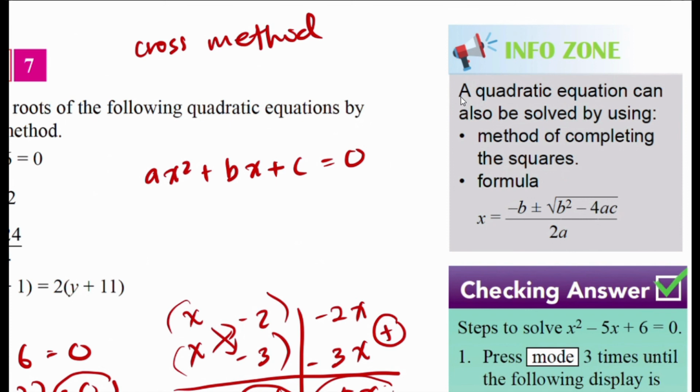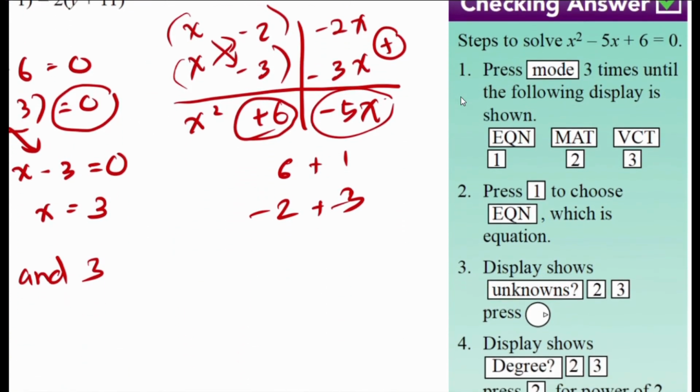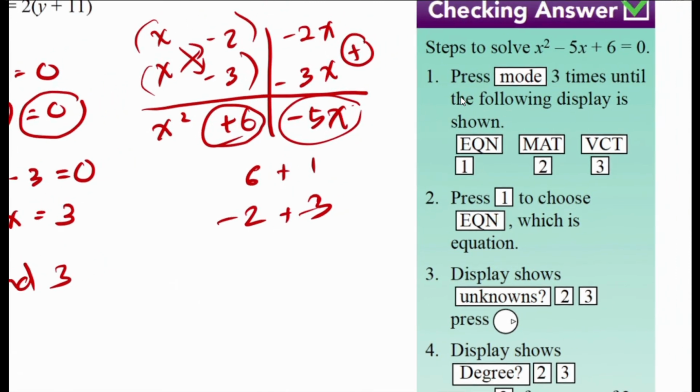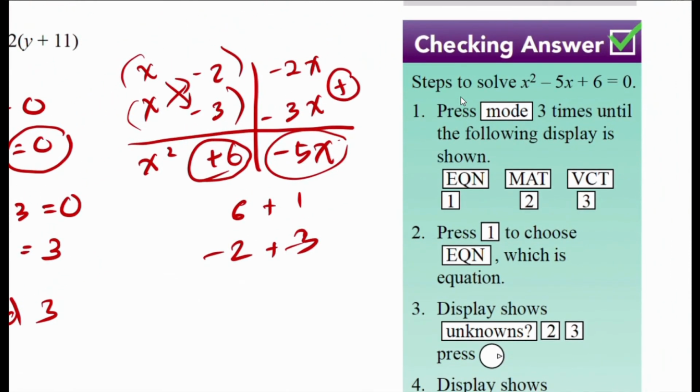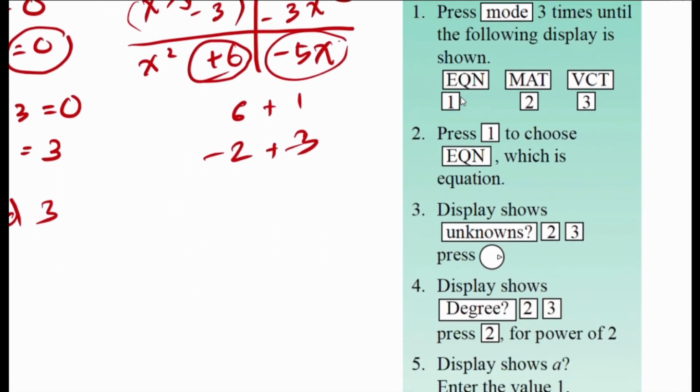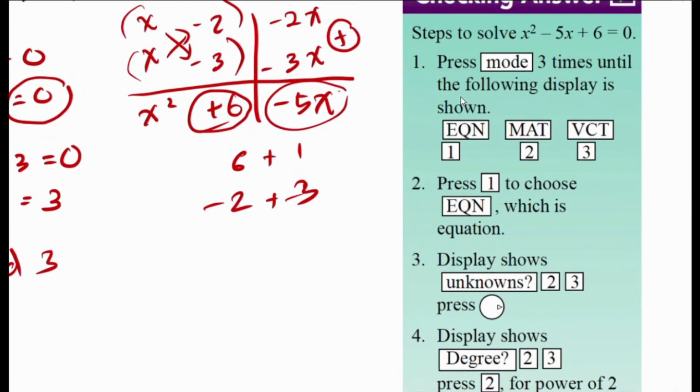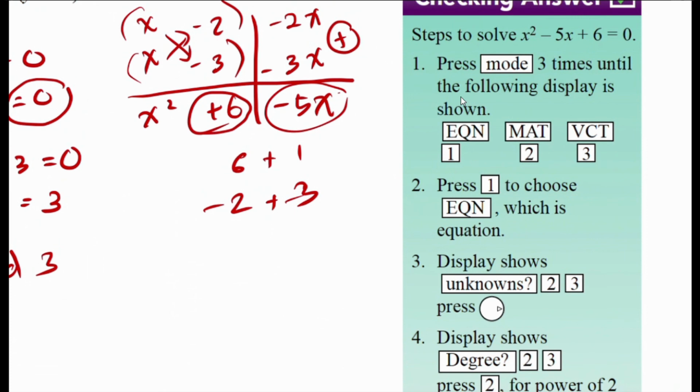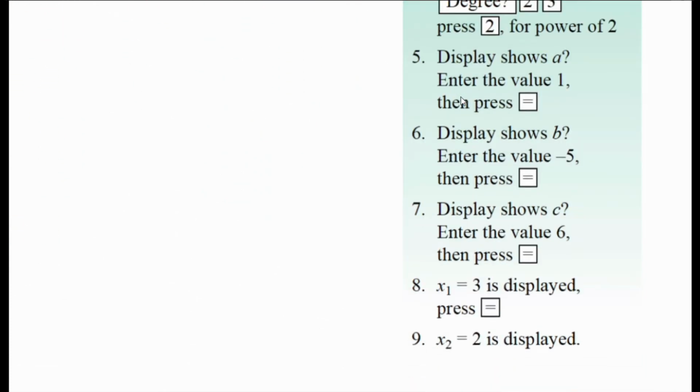And also in the next video I will teach you how to check your answer, whether you factorized the quadratic equation correctly or not, by using a calculator.